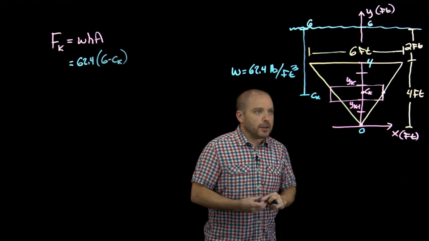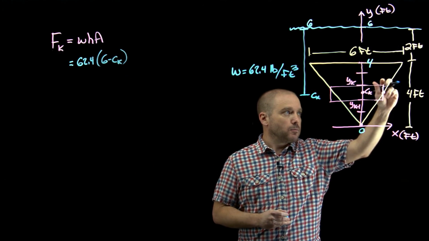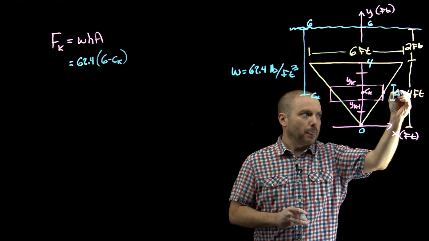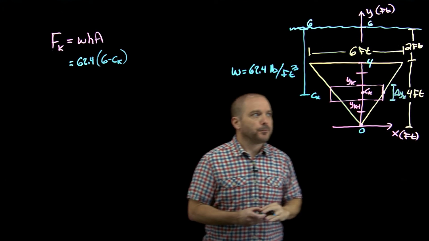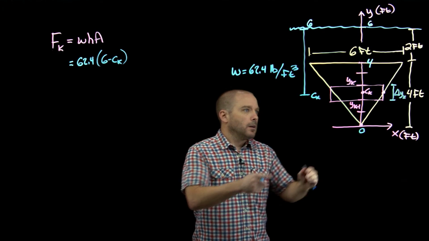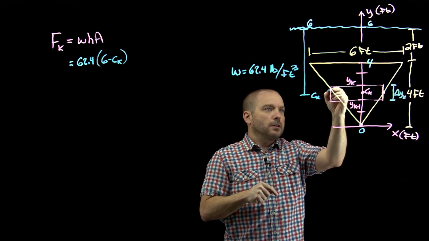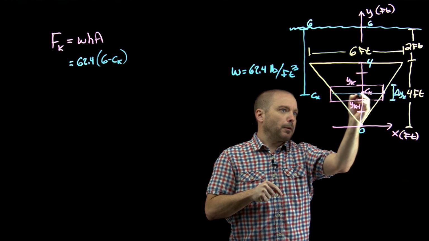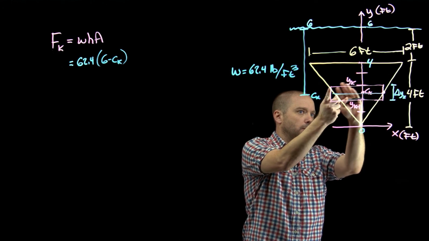Now, what about the area? Well, this dimension will be easy. That's just our change in y. What about the distance across here? Well, it's being determined by these two curves, and there's a symmetry here.